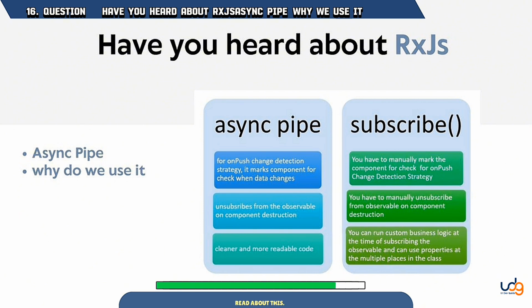No, read about this. You have to create an observable in a component, assign the value from the service to that observable, and the async variable will have that value. Normally an observable needs to be subscribed to get the data, correct? The async pipe does that automatically. You don't have to subscribe.